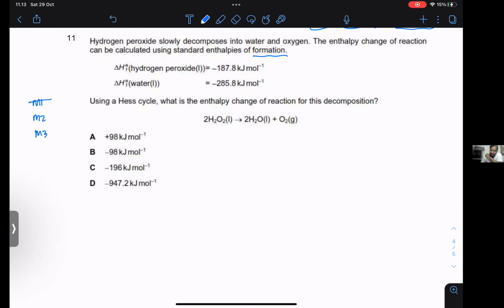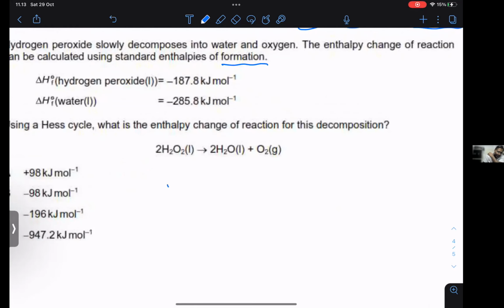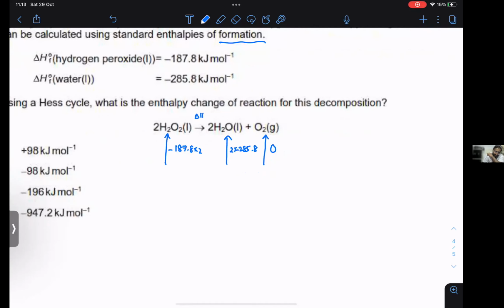So you see here, they have given you the formation of hydrogen peroxide, 2 times of this. To form oxygen is 0. To form water, formation 2 times negative 285.8. So you want to find this delta.